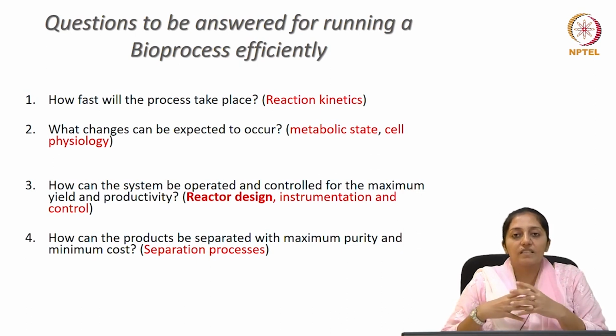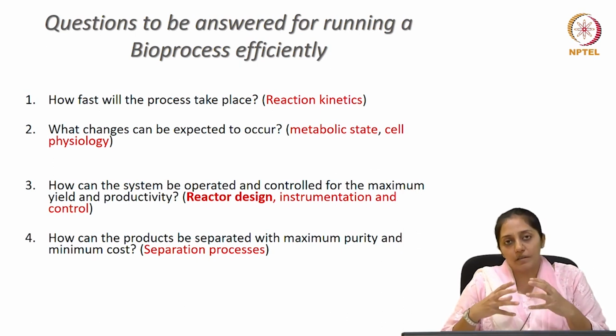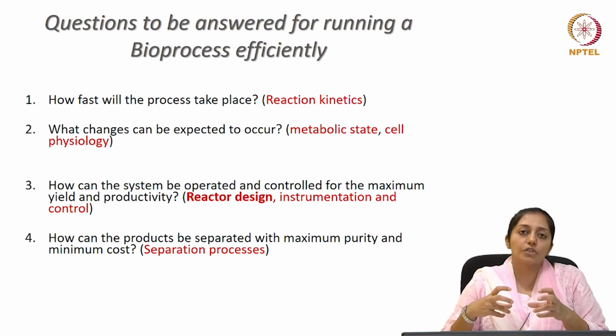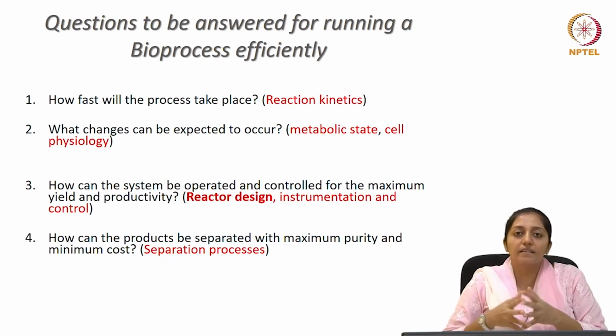Then what changes can one expect to occur during this process, which includes investigating the metabolic state or the physiological state of the cell which is being cultivated inside the reactor.